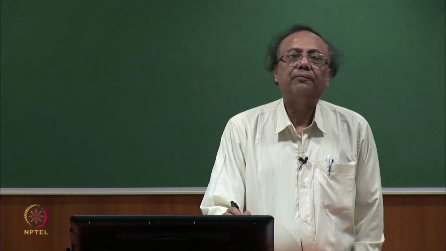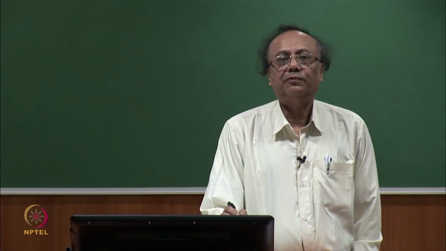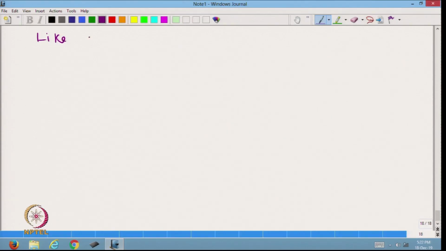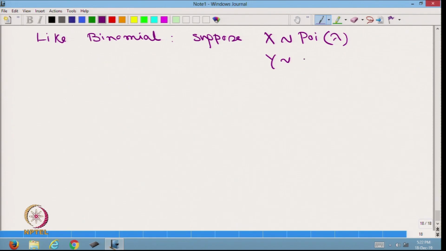A natural question is, what is the sum of two Poisson random variables? So, like binomial, suppose x is a Poisson random variable with parameter lambda and y is a Poisson random variable with, say, parameter mu.